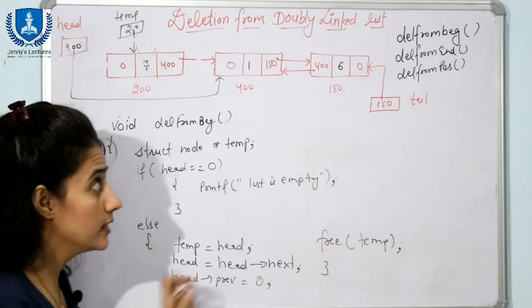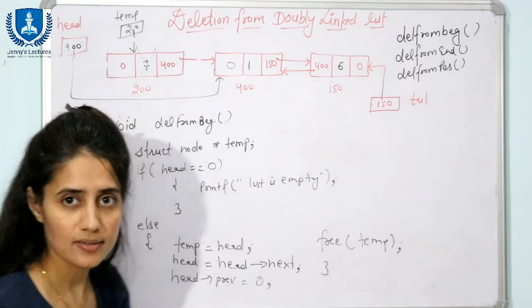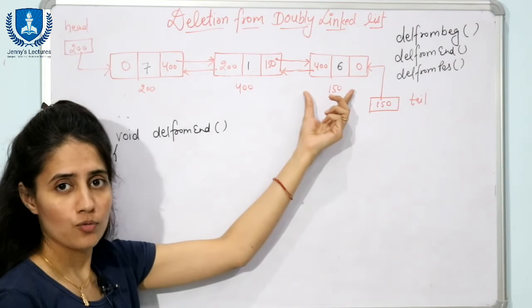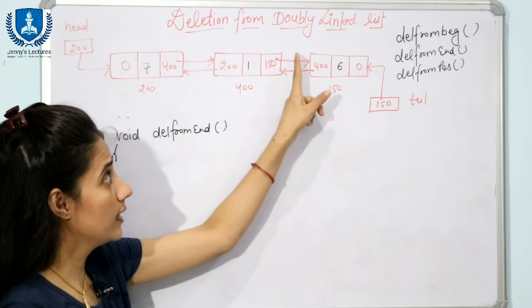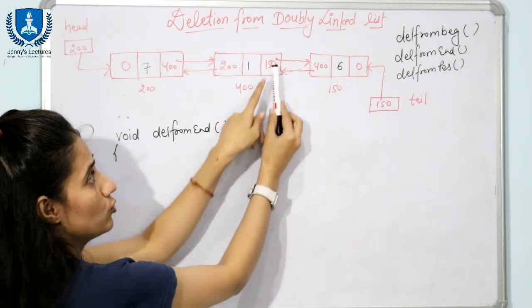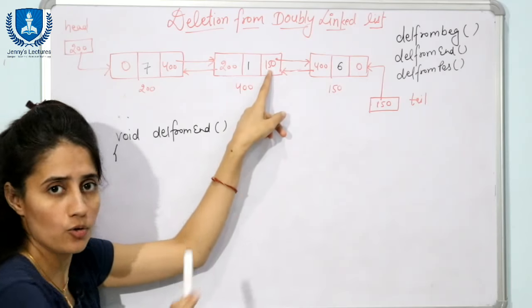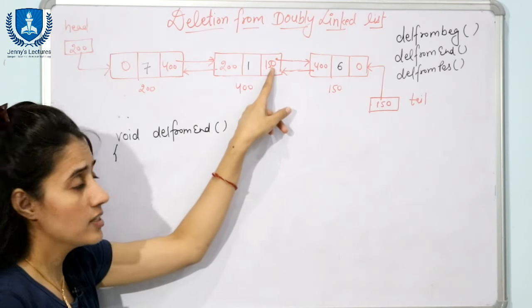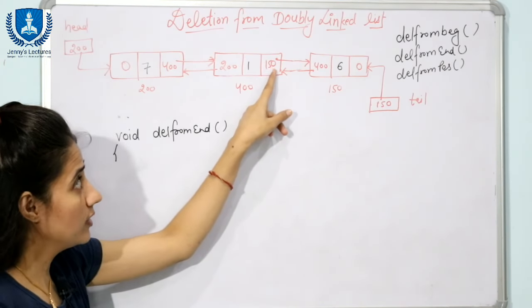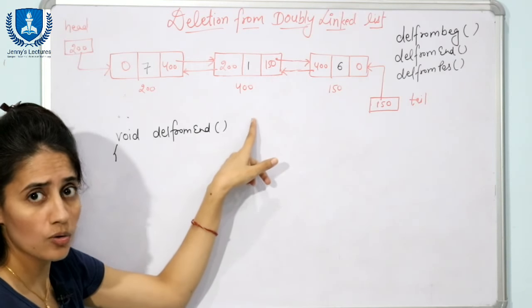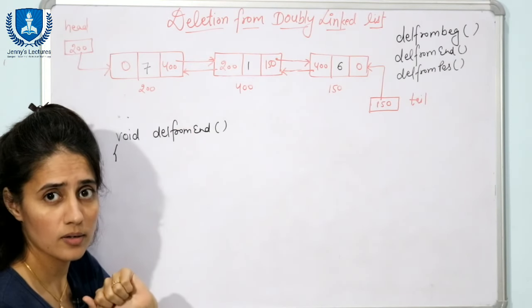Fine. Now we will see how to delete from the end. To delete this node, what do you have to do? You need to break these links. Fine. It means you have to store 0 here. Means this node is not pointing to any node now. How can we access this part? Obviously we don't have any pointer pointing to this node because we cannot access it directly.